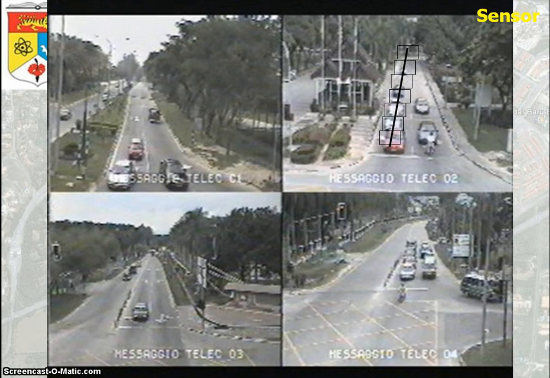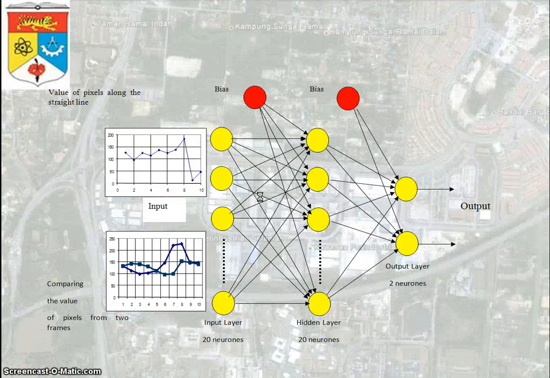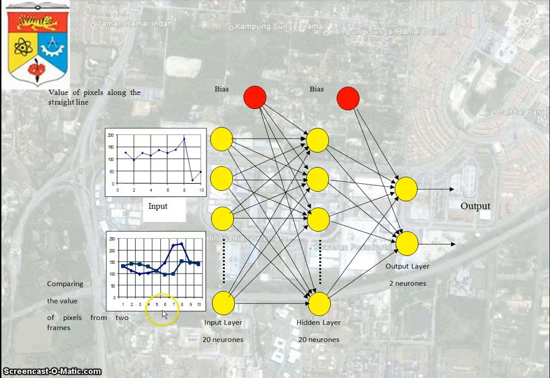So if you want to measure queue length, we have to observe a longer line, something like this, and then we can observe frame by frame, the small frames, using a neural network. For example, something like this. So we can observe 2 frames. This is the input for 1 frame, and this is the input for 2 frames.